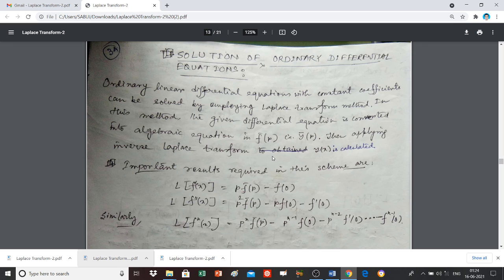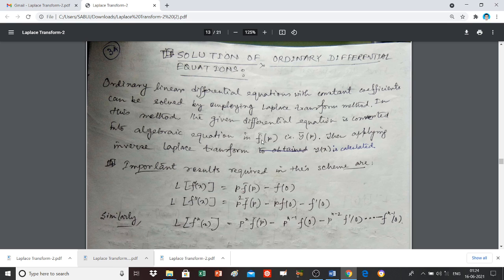Here is the solution of ordinary differential equations. We know that ordinary differential equations can be solved using a Laplace transform, and those which have constant coefficients can be solved by using the Laplace transform. In this method, we first convert the ordinary differential equation into a subsidiary algebraic equation, which is a function of the Laplace transform of the given function, that is f(x), or y, a function y of x.